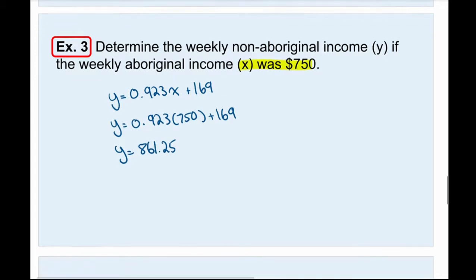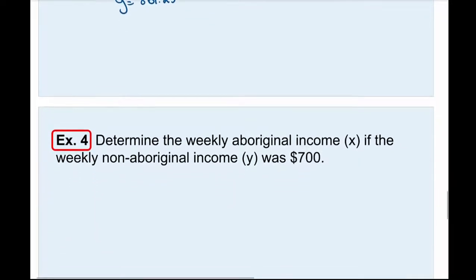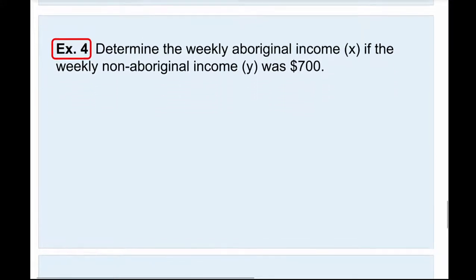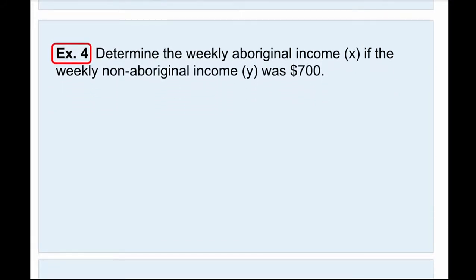We could also do the same thing the other way. Determine the weekly aboriginal income x if the weekly non-aboriginal income y was 700. So same idea, just backwards. So still using that same equation, y equals 0.923x plus 169.